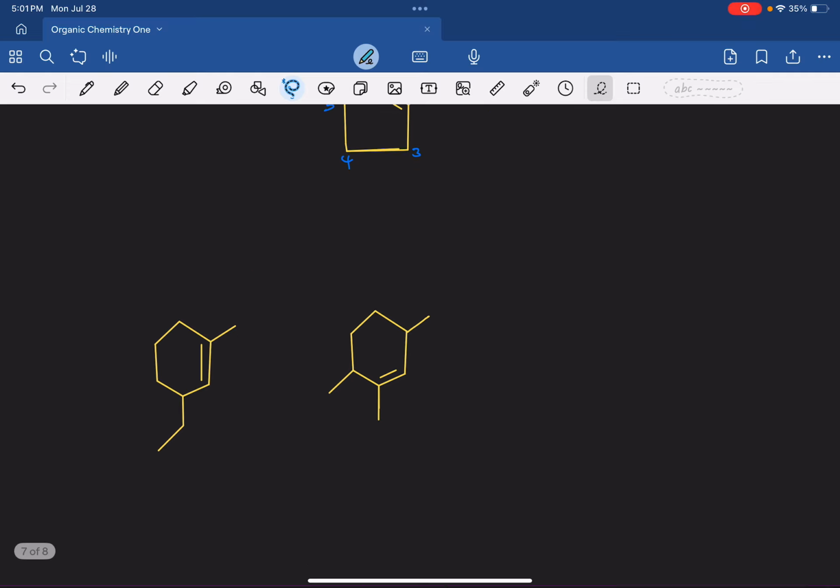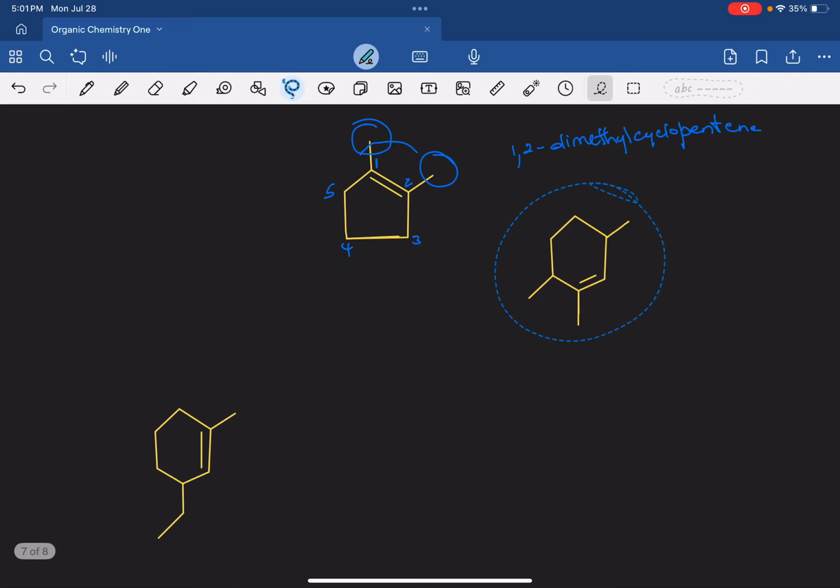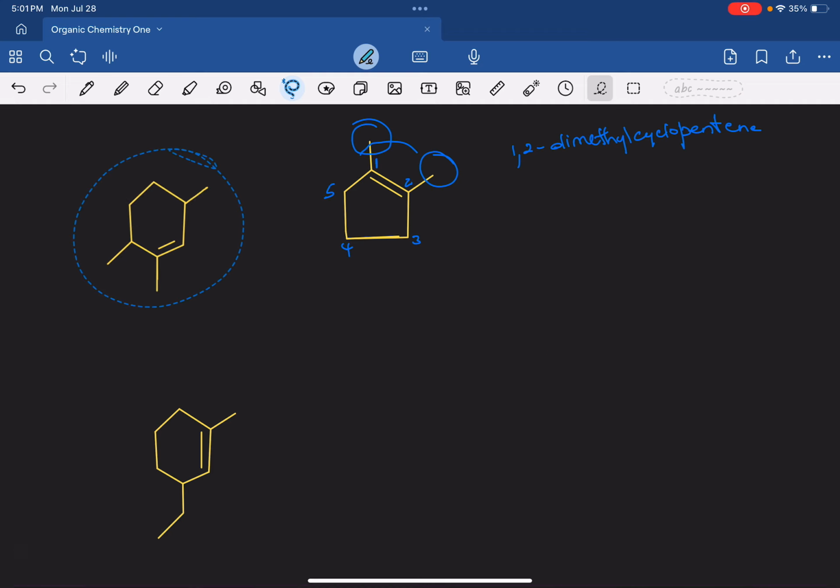All right, let's do this one. If we have something like this, let's try to name it. This is the one where I need to teach you a little trick. Whenever you have one substituent on one carbon of the carbon-carbon double bond, there's one substituent here, there's none here. There's a hydrogen here; hydrogen is not a substituent.